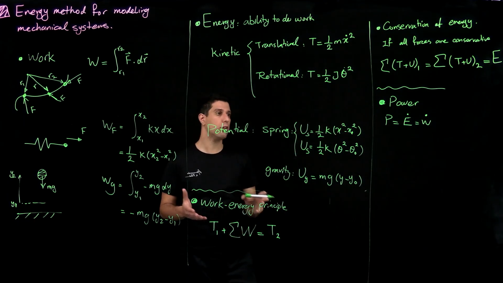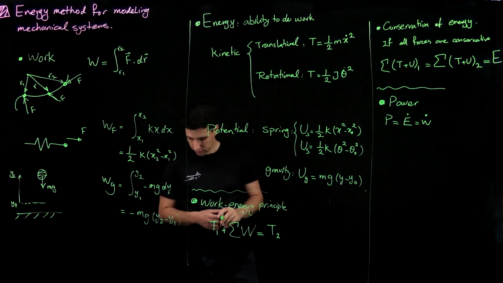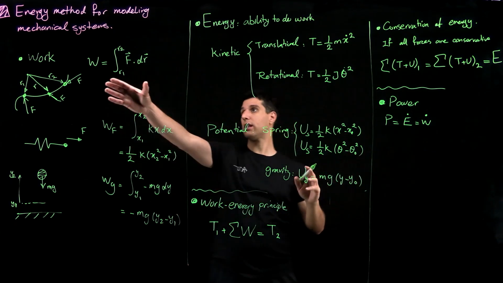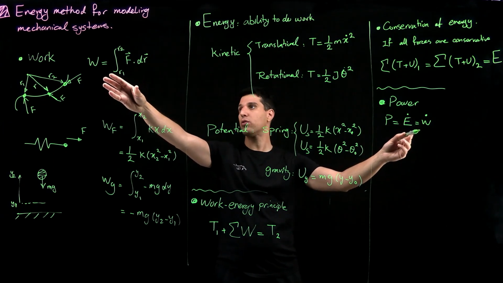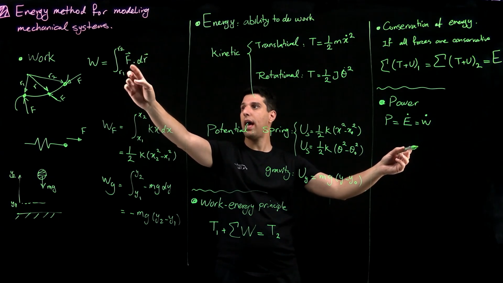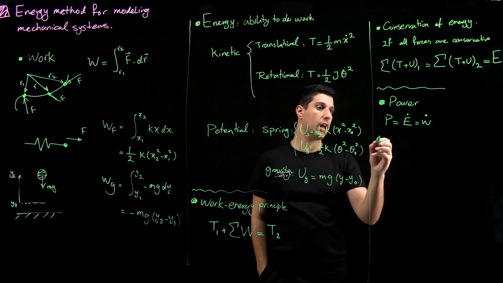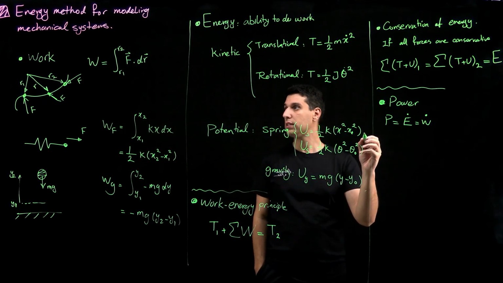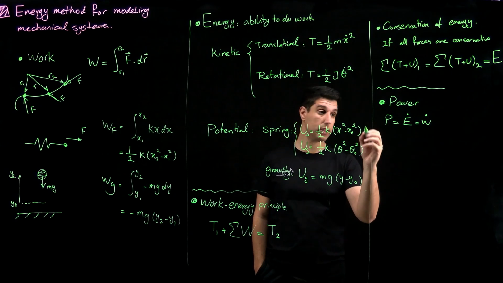The rate of change of work or energy is power. Going back to that definition, if you take the derivative with respect to time, you end up with F dot X dot.